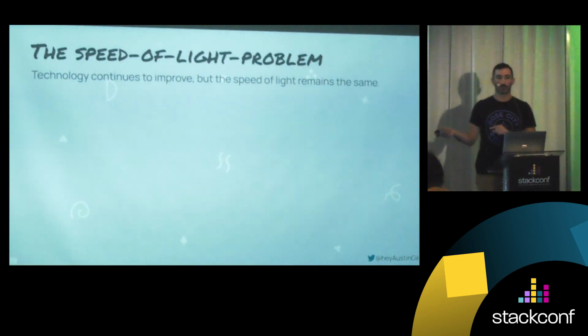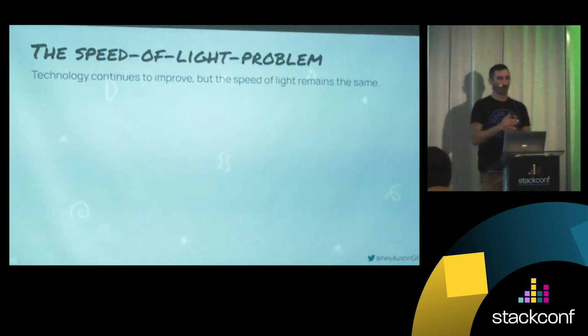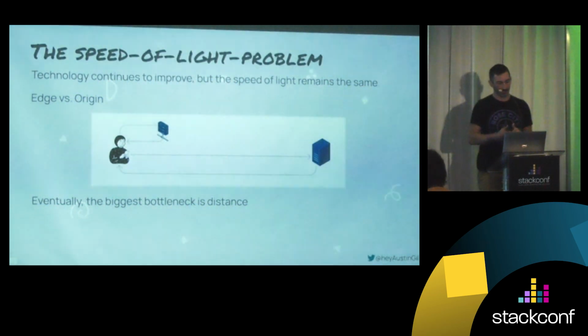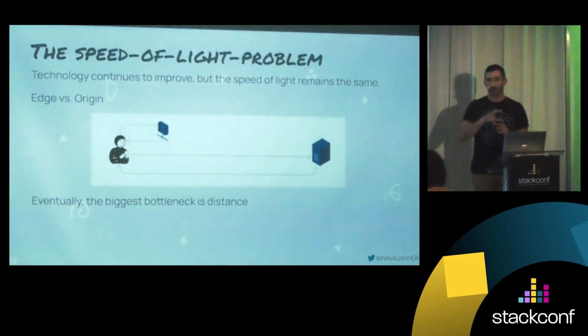And that brings us to what I like to call the speed of light problem, which is that despite the fact that technology continues to advance and users' devices get faster and faster, eventually that will solve a lot of the speed problems that we have, but we're always going to have the problem of the speed of light. Unless we can come up with wormhole technology and fold space and time, then even though devices are going to get faster, the speed of light will remain a constant.